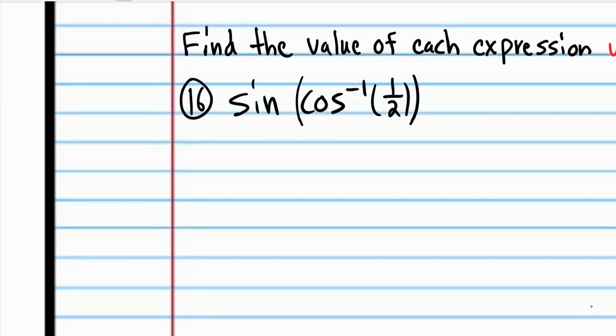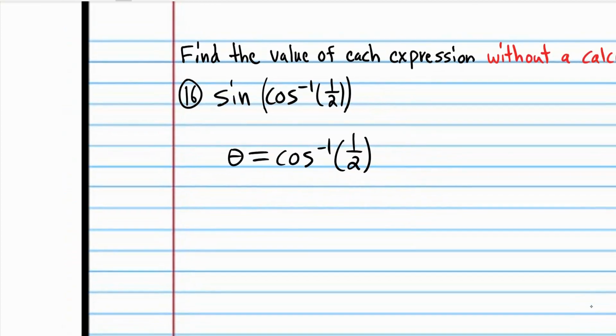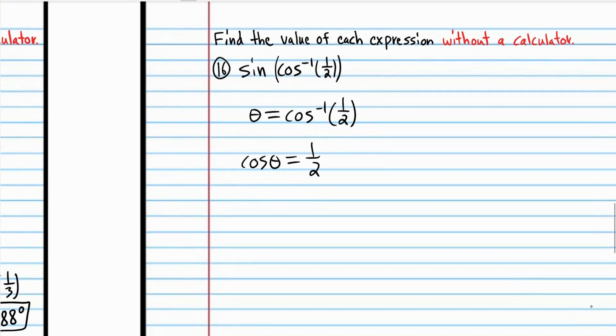Alright, we're back. So the inside part is going to be an angle, but we don't know what angle it's going to be. So I'm going to set it equal to theta. And that notation is used when you're trying to solve this equation. So we know that we're just looking for that angle. Again, the reason we converted from this form to this form is to just understand what we're looking for, because this yellow notation is very confusing.